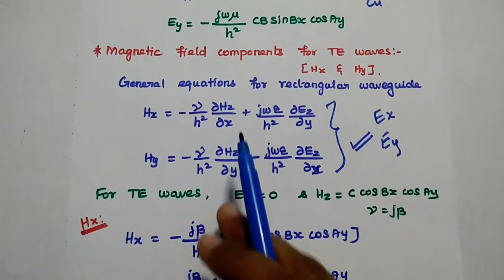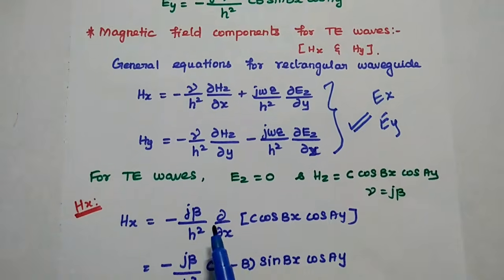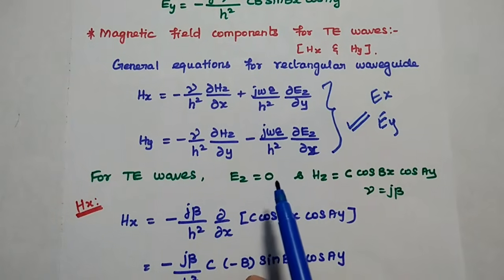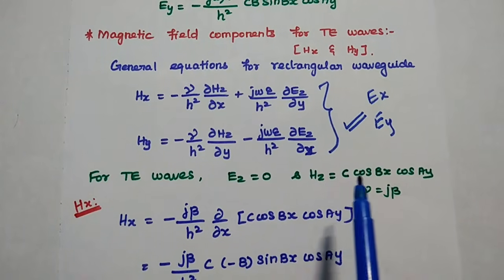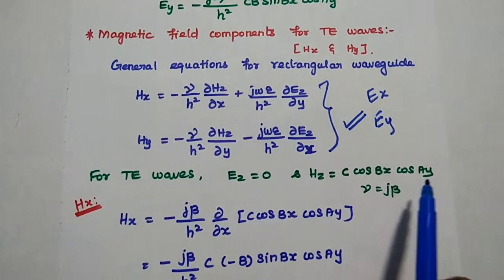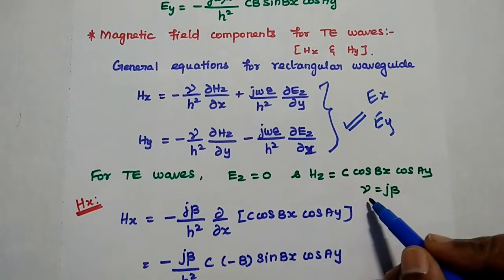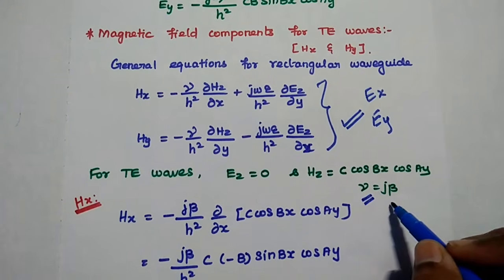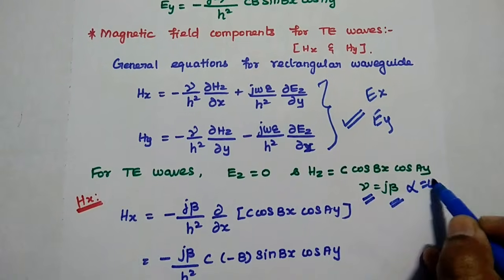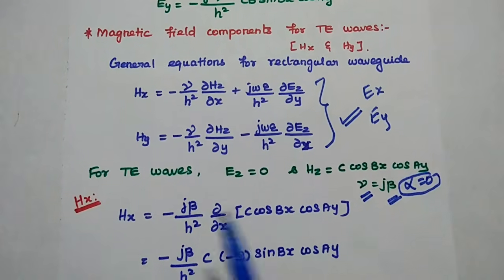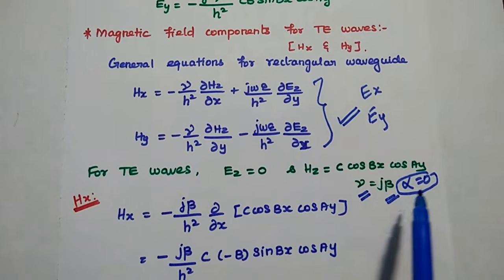Okay. For these two values, we can apply the condition Ez is equal to 0, Hz is equal to C cos Bx cos Ay. For TE waves, the gamma value is simply the phase constant. There is no attenuation. Okay. For TE waves, there is no attenuation.